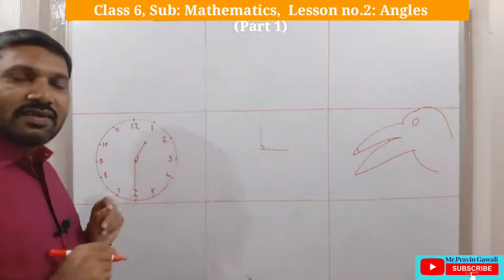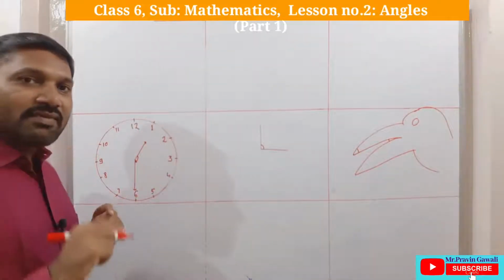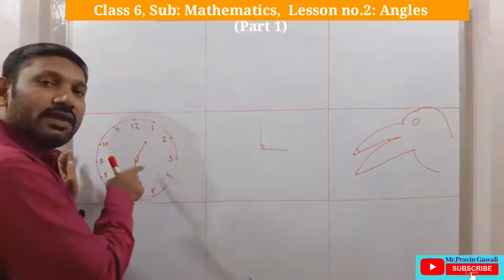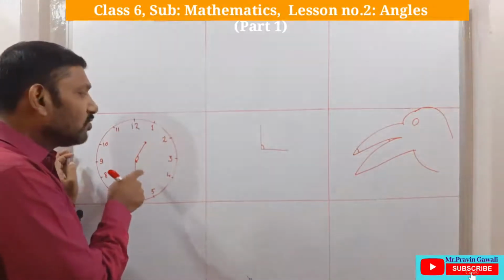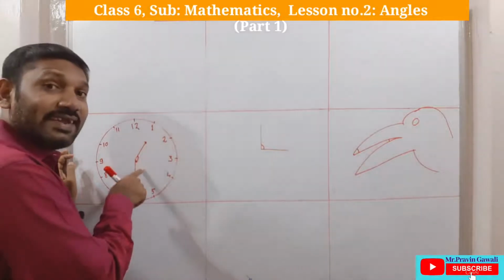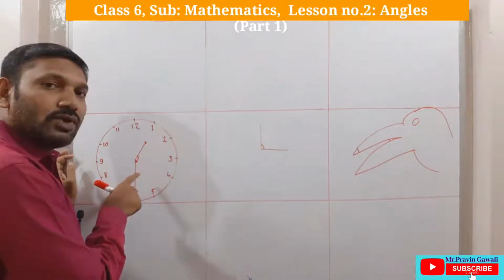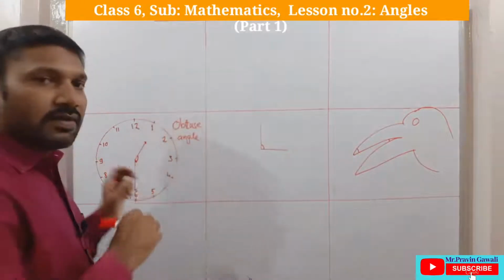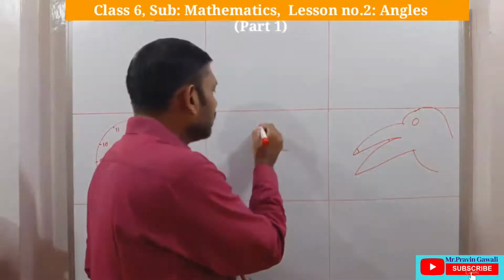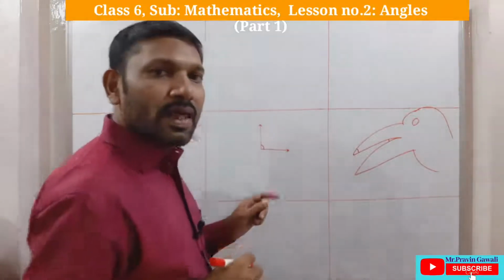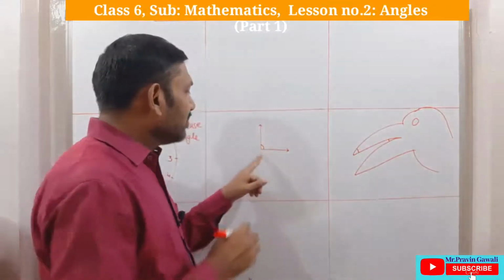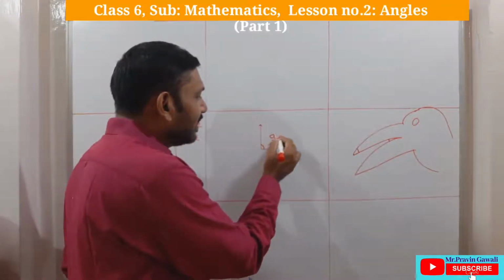Now student, in the previous class we have learned already, this is an obtuse angle. Why is it obtuse? Because it is more than 90 degrees. See student, here the two arms of the angle join together at a vertex, and it forms 90 degrees.